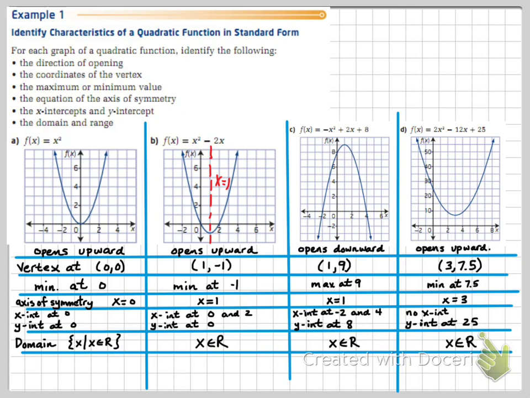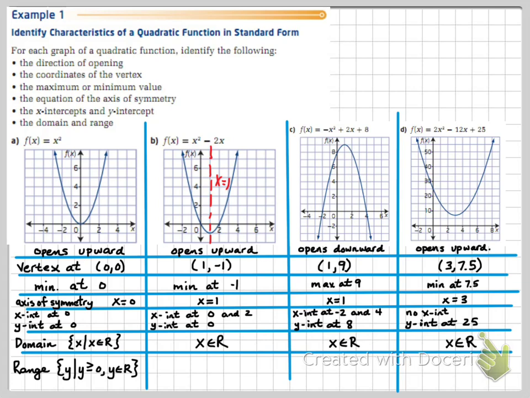For the range now, y is going to be restricted, because in the first graph y never gets less than 0. So we'll have to say that the range is the set of all y such that y is greater than or equal to 0, y any real number greater than or equal to 0.